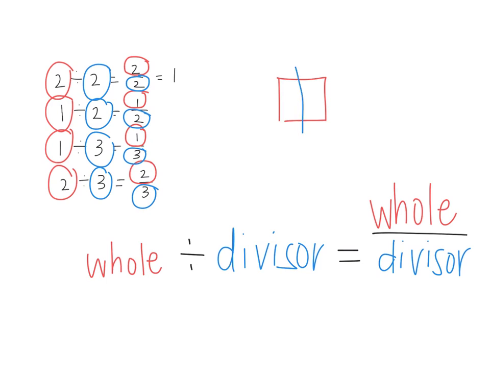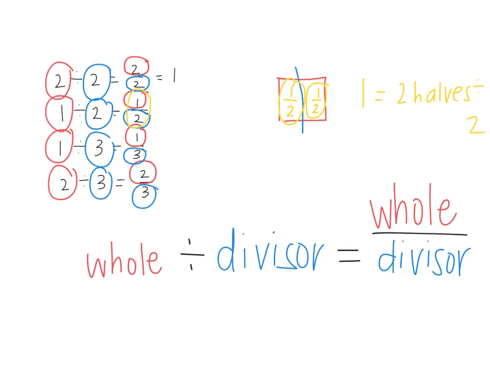Now, each unit is how big? 1/2, right? So how many halves do I have? 2. So we said 1 is equal to 2 halves, and we want to split that into 2 parts, right? So, what's 2 halves divided by 2? 1/2.